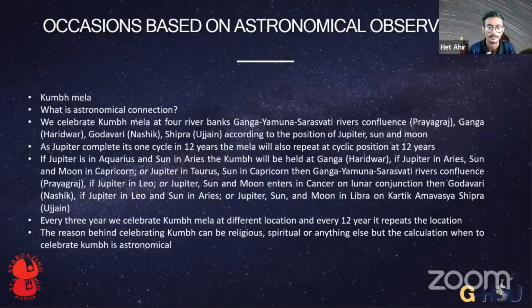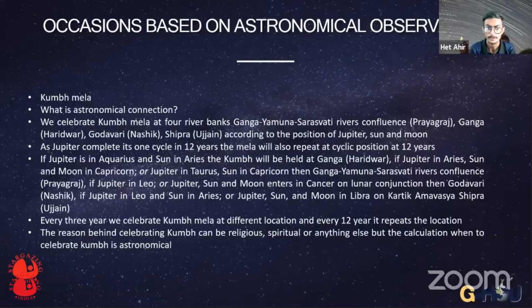For a glimpse, if Jupiter is in Aquarius and Sun is in Aries, the Kumbh Mela will be held at Ganga, Haridwar. If Jupiter is in Aries and Moon is in Capricorn, or Jupiter is in Taurus and Sun is in Capricorn, then it is held at the Ganga Yamuna Saraswati river confluence at Prayagraj.